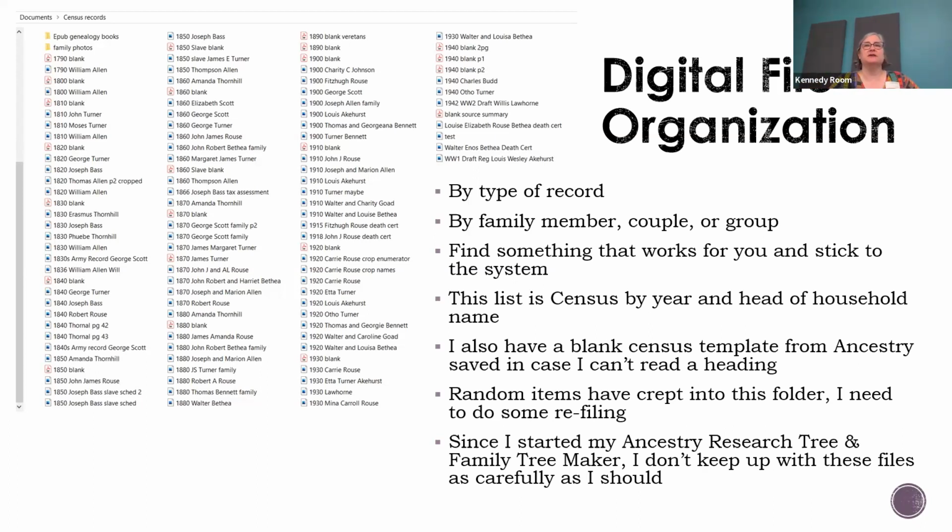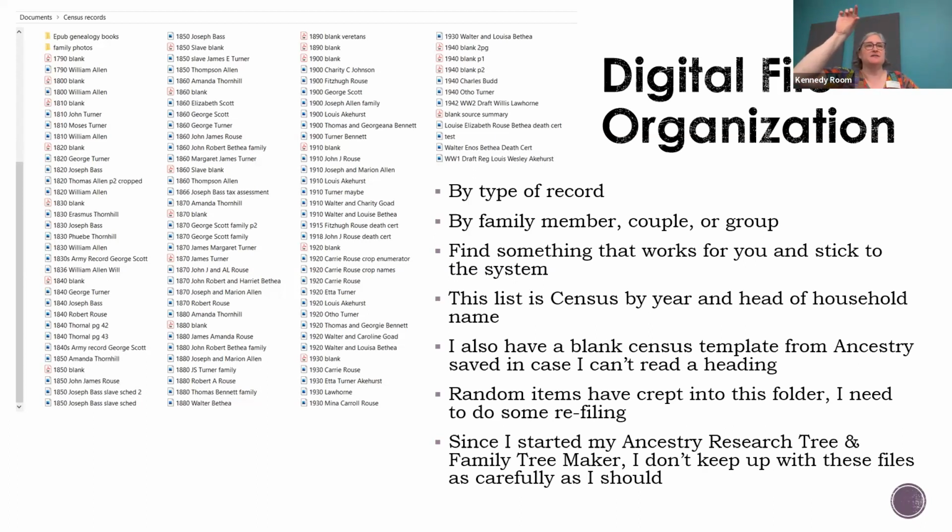Or if you're trying to figure out, do I have censuses for all of the zero years that this ancestor was alive, then it can be helpful. I also have a blank census template that I've downloaded from Ancestry. FamilySearch and Ancestry and any number of places have these, because sometimes on the census page, you can't read all the little handwriting.